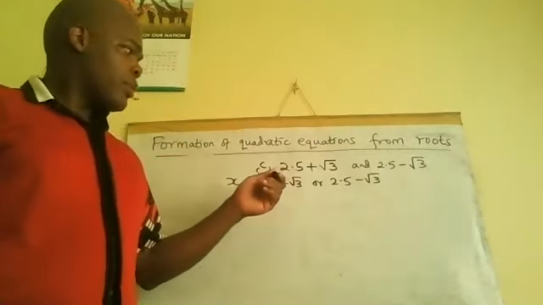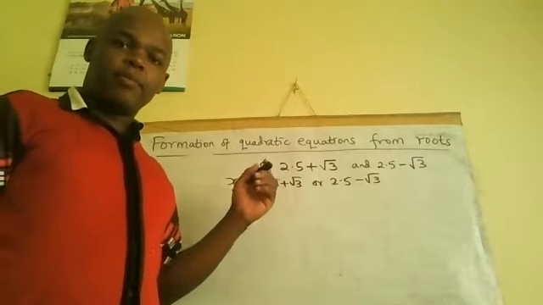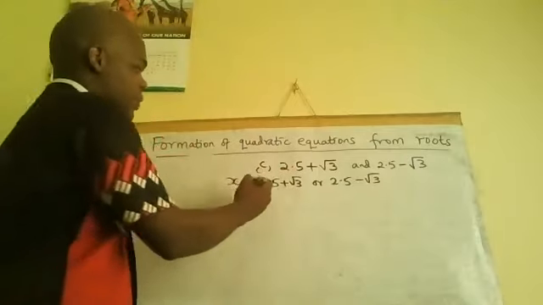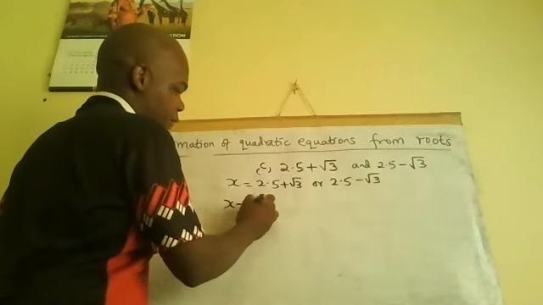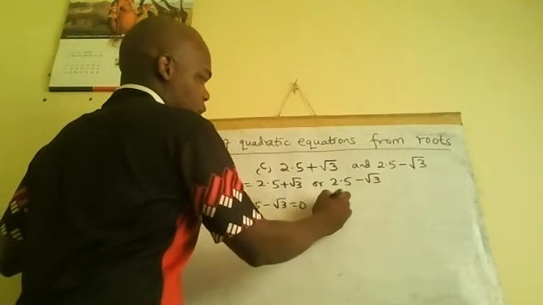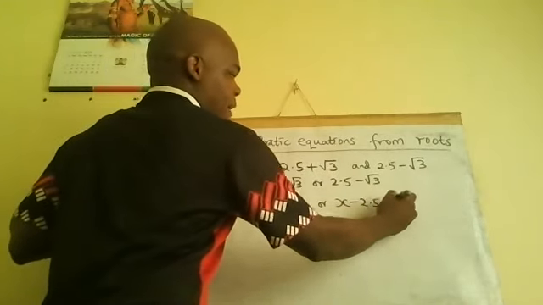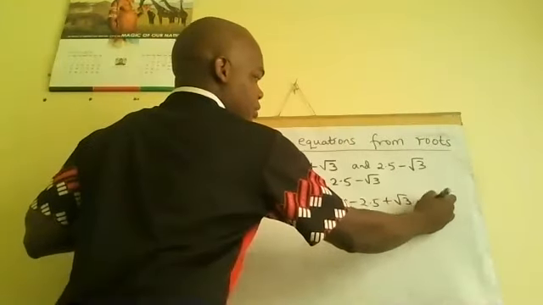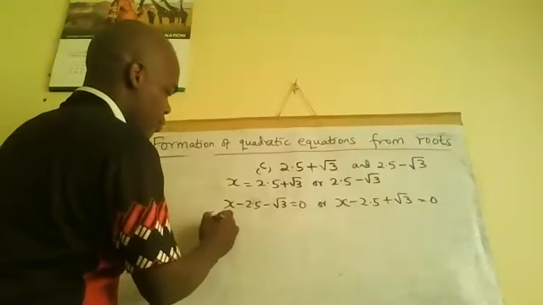When you cross the equal sign, the signs change. So you have x minus 2.5 minus square root of 3 is equal to 0, or x minus 2.5 plus square root of 3 is equal to 0. That is what we have. Then you multiply.